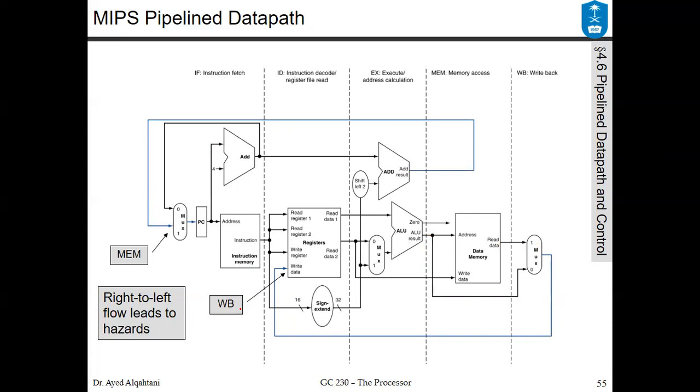And we know that this is the data hazard. When you write back, and if the read register is the same as the write register of 2 instructions, and you have first the write and after that you have the read, this could cause a hazard for you.